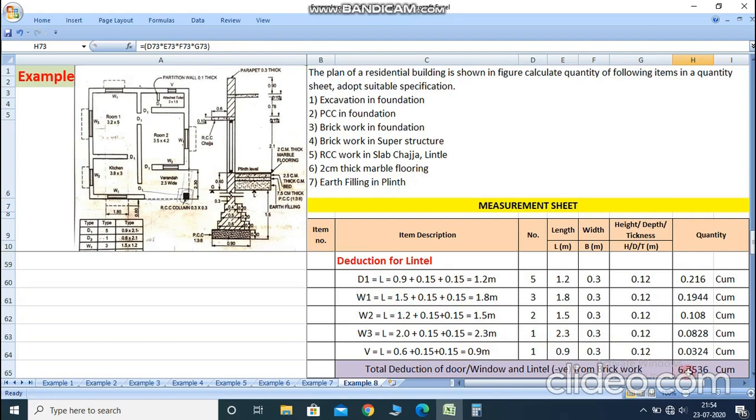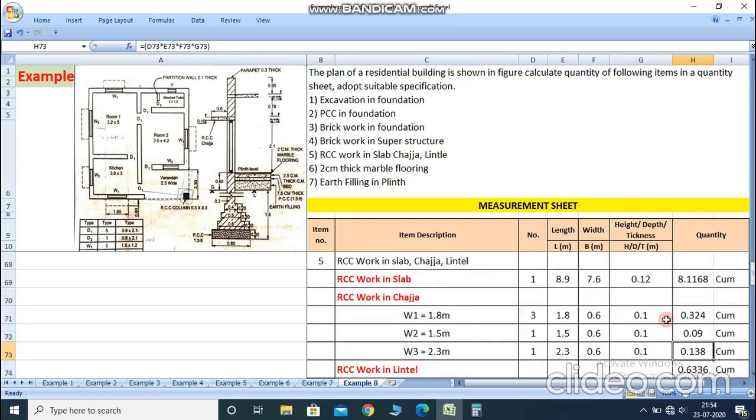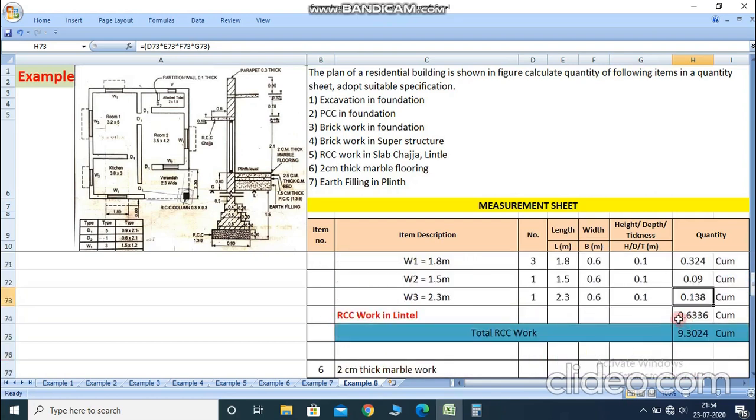So 6.7536, the same answer we write here, 6.3536 cubic meter. Clear? So the total of all the RCC work is 15.022 cubic meter.